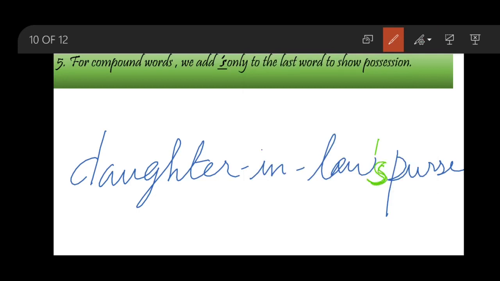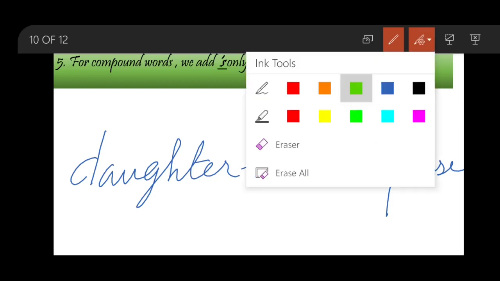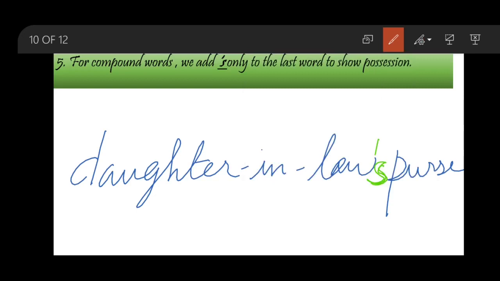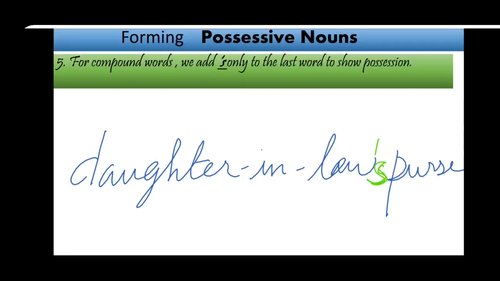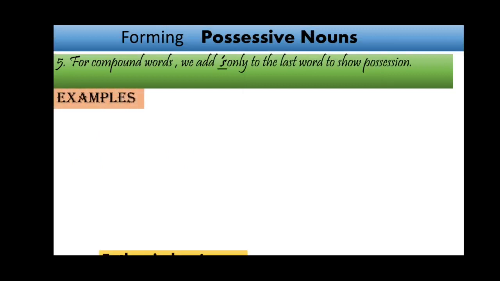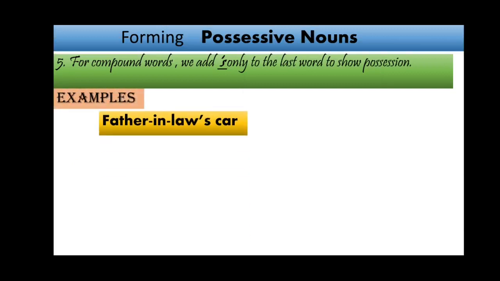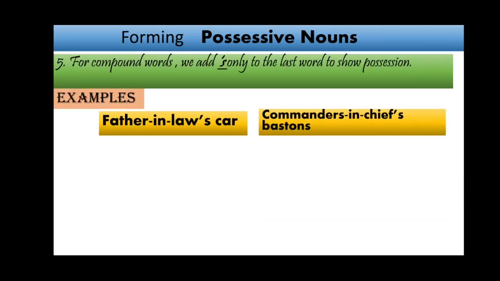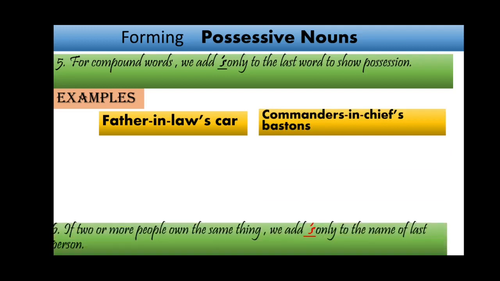Daughter-in-law's purse. Are you getting it? Yes, this is how we are going to do it. Let's have a look at the example. Father-in-law's car, commander-in-chief's bastions. So in this we are simply adding apostrophe s at the end of the word.